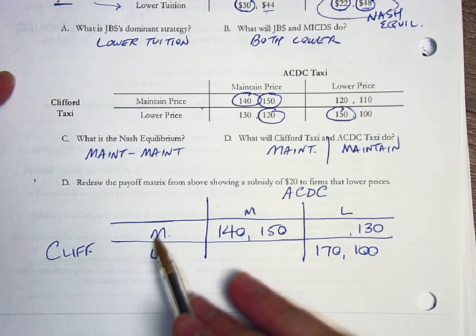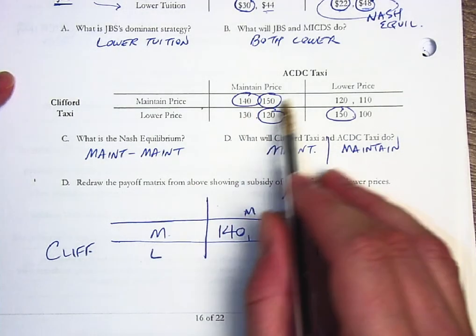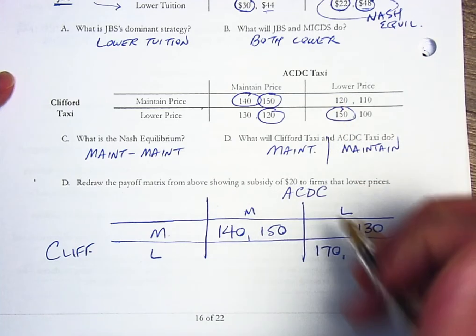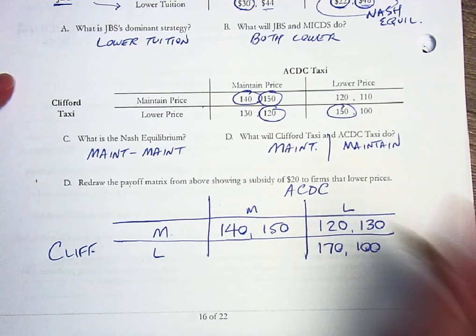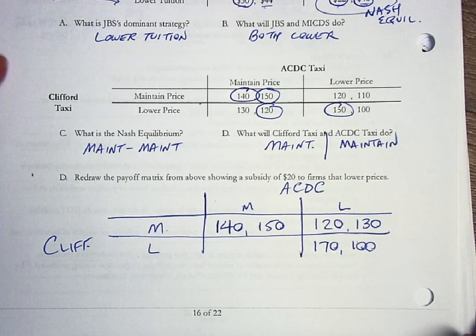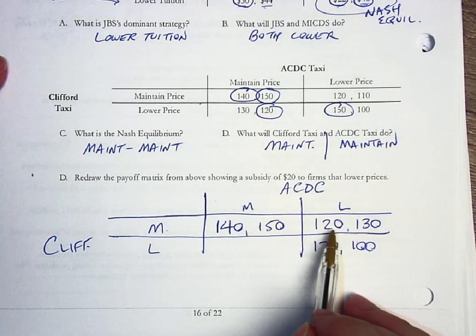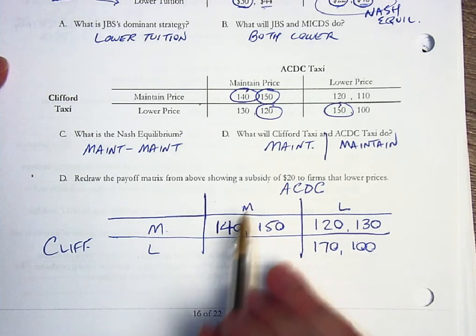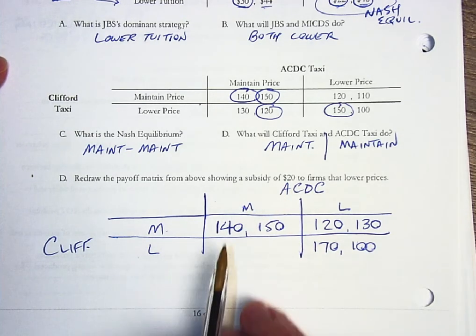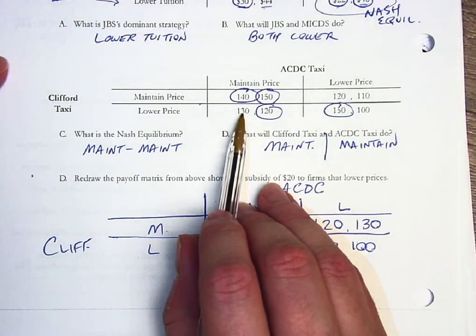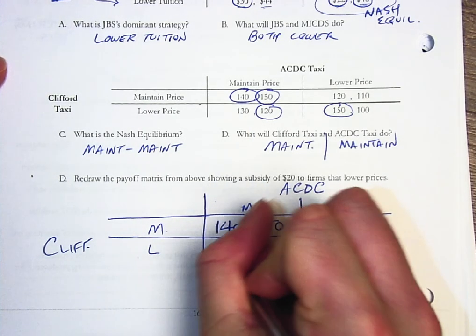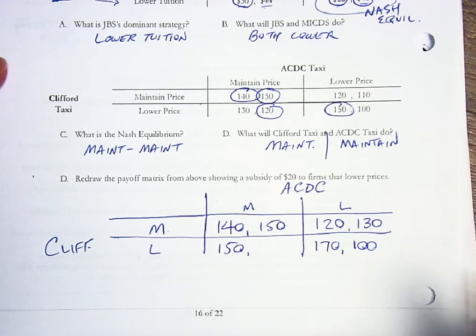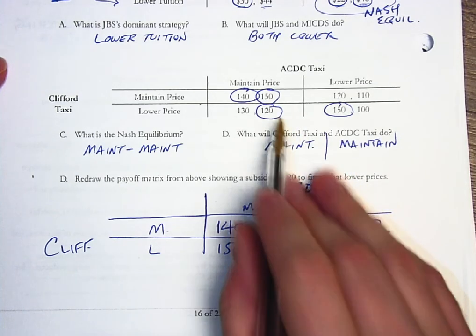But Clifford will not get it because Clifford is maintaining, so Clifford will still get their 120. Now, that's a little tricky. We've got to do the process again for this box. If AC/DC maintains and Clifford lowers, well, that means Clifford is going to get the $20, so their 130 becomes 150. And AC/DC's 120 will stay the same.